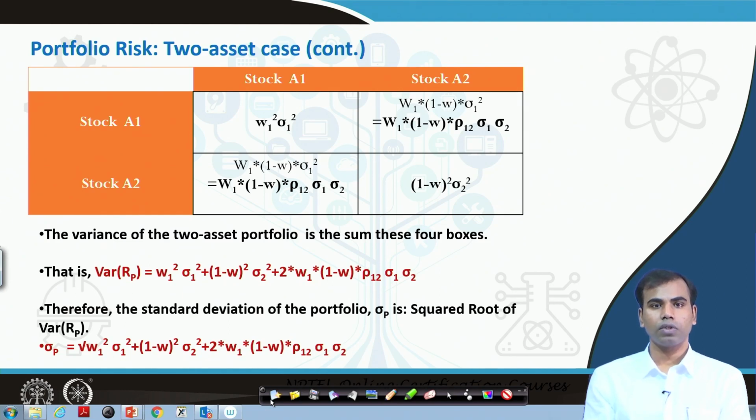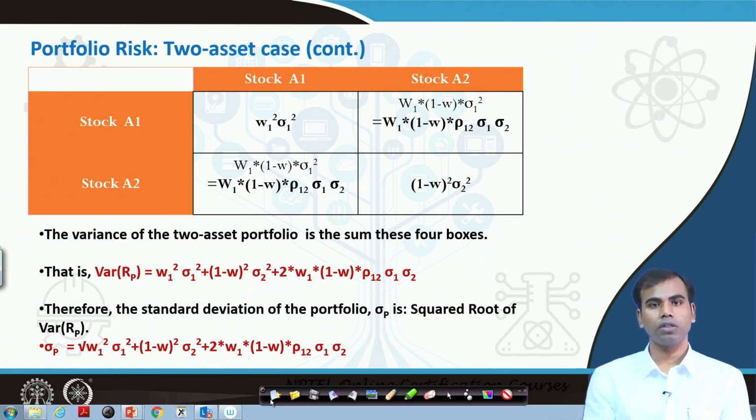If you have assets in your portfolio which are negatively correlated, it implies that if one asset goes down, the other asset would go up and the return on the other asset will compensate for the loss on the first asset. That is how we can use this correlation factor to understand the riskiness of the portfolio of different assets.